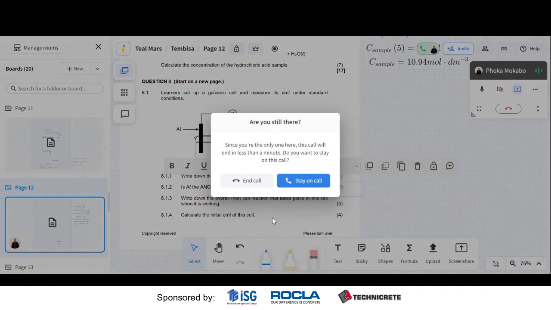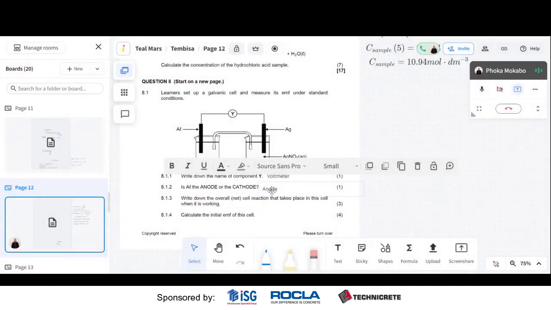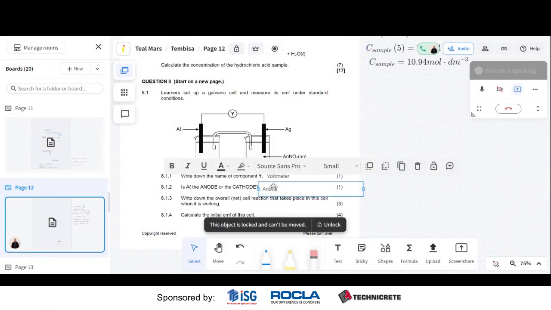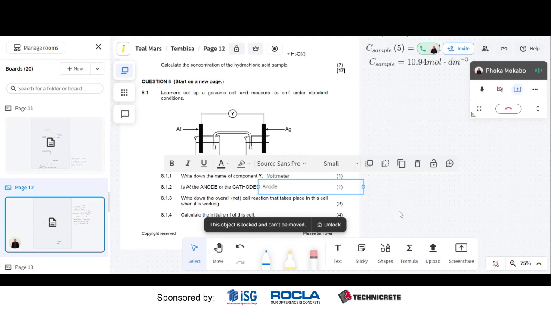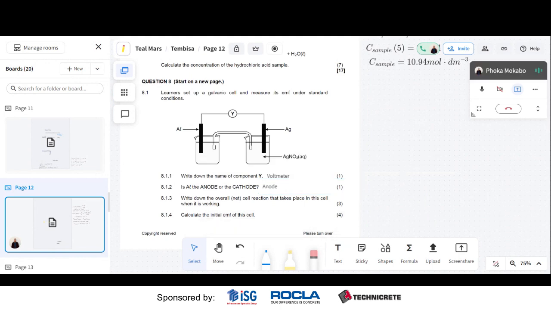It is at the anode. Okay, why? Because the anode in this case is the negative electrode, and by doing question 8.1.3 we will determine why exactly aluminium is the anode.